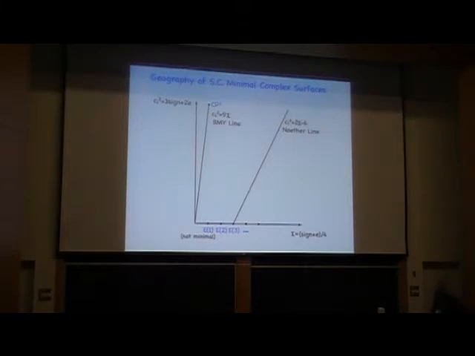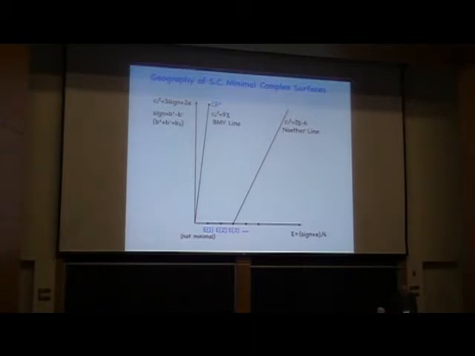For topologists, that's just the signature plus the Euler characteristic divided by 4, and I was careful here to tell you that the signature is the difference between the dimensions of the positive and negative eigenspaces of the intersection form on the second homology. And the vertical axis is the square of the first Chern class, which is 3 times the signature plus twice the Euler characteristic. So these are both given by topological quantities.